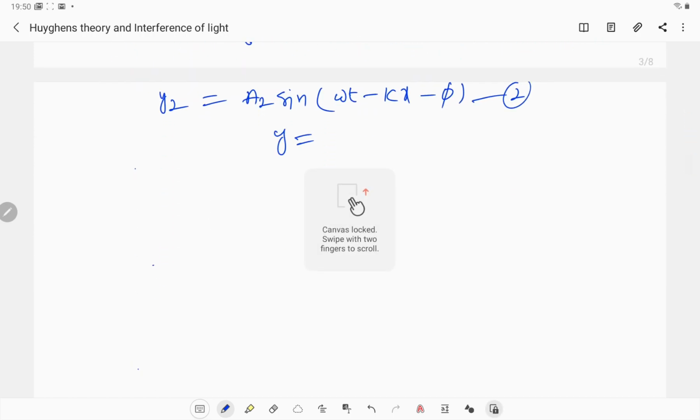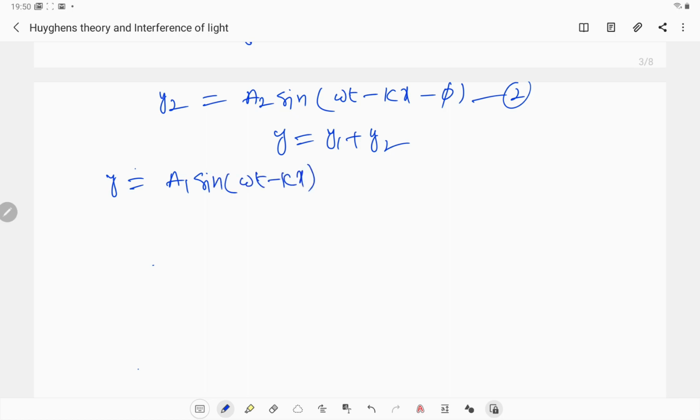According to the principle of superposition, y is equal to y1 plus y2. See, y is equal to a1 sin(ωt − kx) plus a2 sin(ωt − kx − φ).